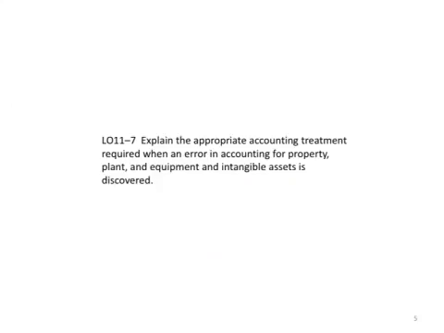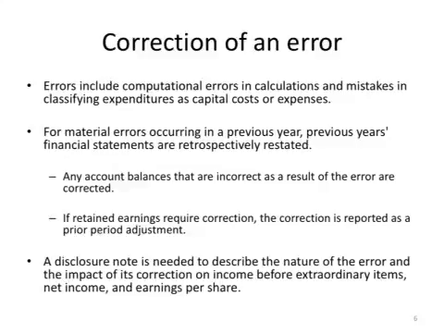Moving on to the appropriate accounting treatment required when an error in accounting for property, plant, and equipment or intangibles is discovered. When we talk about an error, let's go to the next slide and we'll see how we define an accounting error. An error could include computational errors in calculations, or a mistake as to whether an expenditure is a capital cost or an expense.